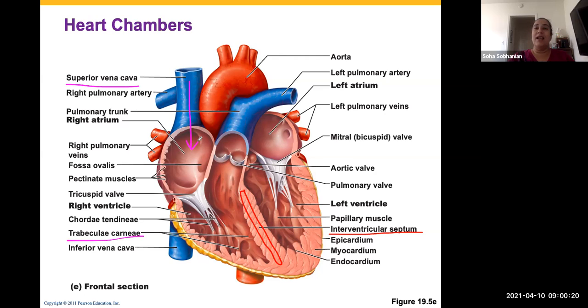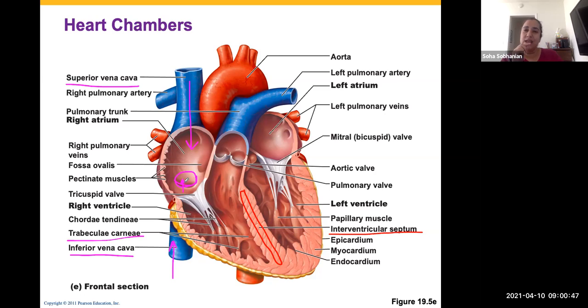The one that is collecting from my belly, my legs, that is coming from below, is called what? Inferior vena cava. And it's right here, guys. Again, look at the color, it's blue, and it pops up right here. So this little opening that you see right here is the opening to this blood vessel. So it comes in like this, and it pops up right here.